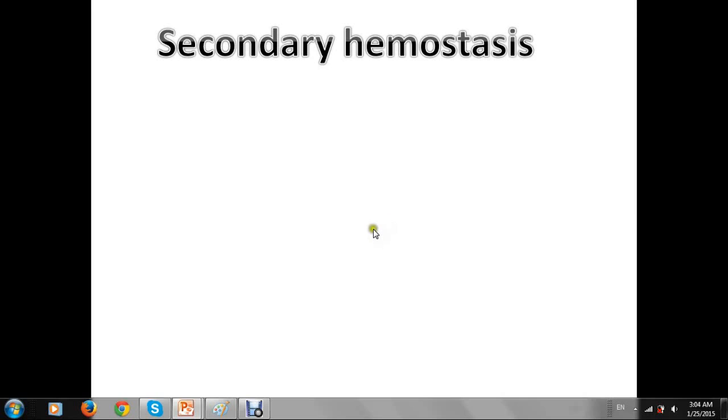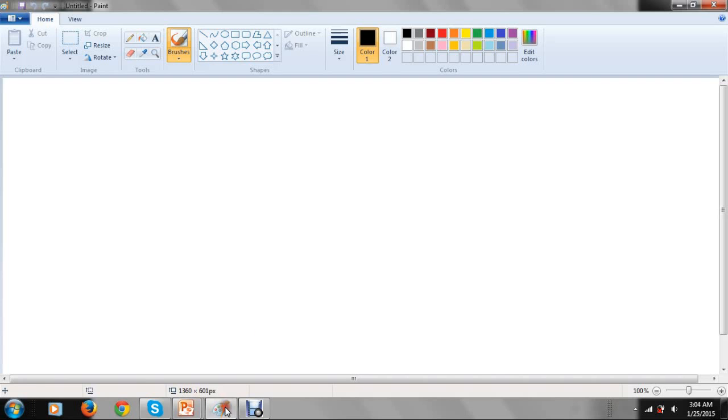This coagulation cascade basically consists of factors. So we have special factors, and they are divided into three pathways. I have a good method to remember it.